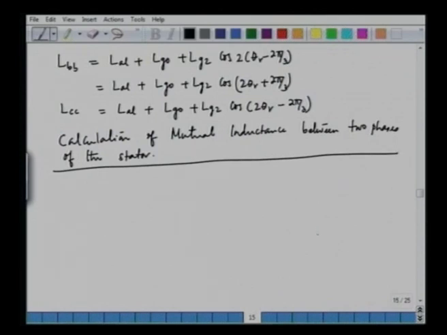So, what we have here is that we have similarly phase A, phase B, and phase C, and the rotor is a salient pole rotor. This is the field winding or the field, the rotor field.